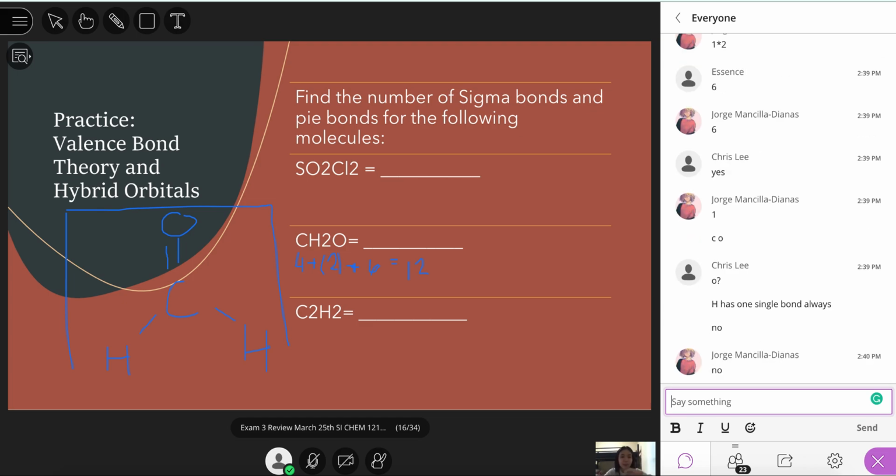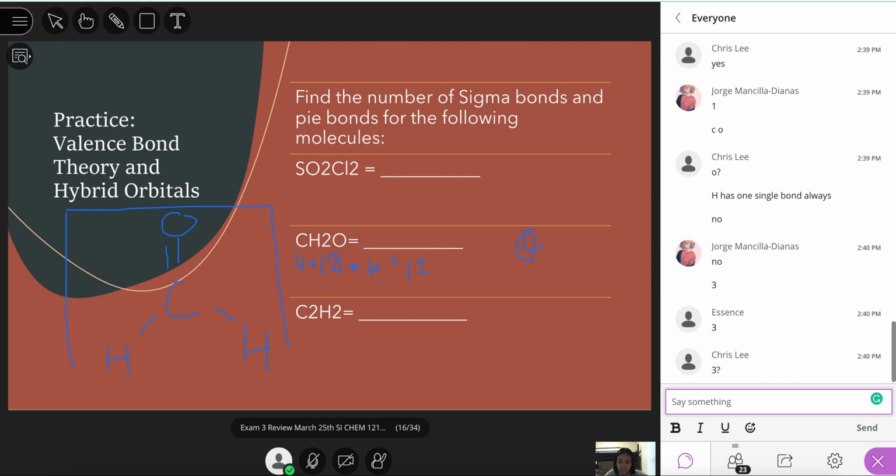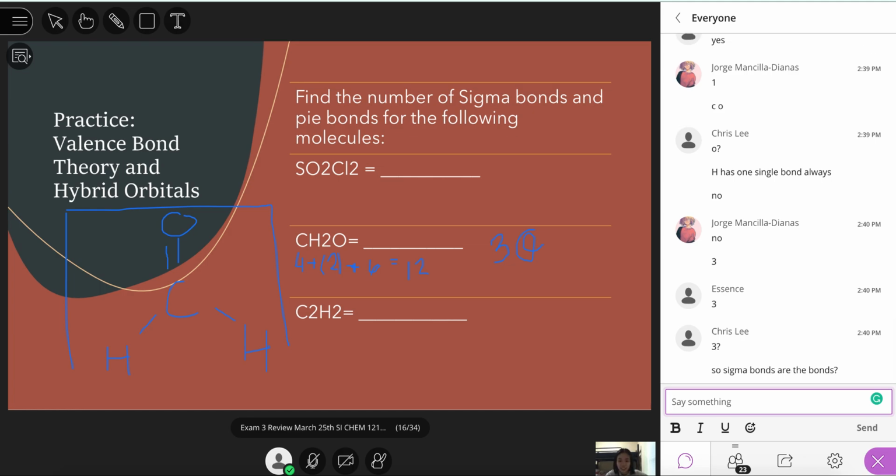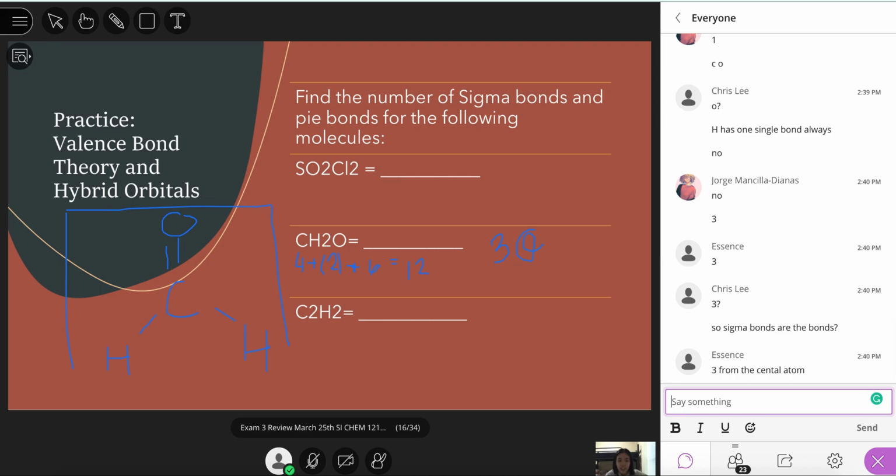So knowing this, what is the number of sigma bonds? 3. Yes, exactly. Can anyone tell me how they got 3? Sigma bonds are just the bonds themselves. So 3 from the central atom.